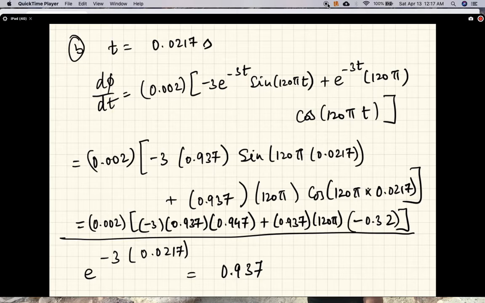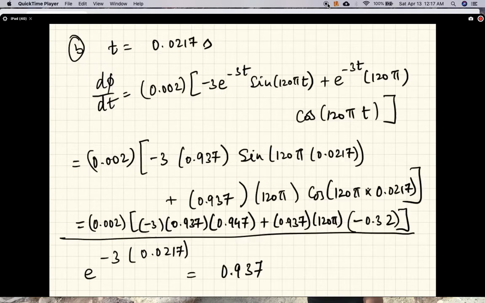Let's add a page below. dphi by dt works out to, let me evaluate this, 3 into 0.937 into 0.947, plus 0.937 into 120 pi into 0.32, which gives 115.7.